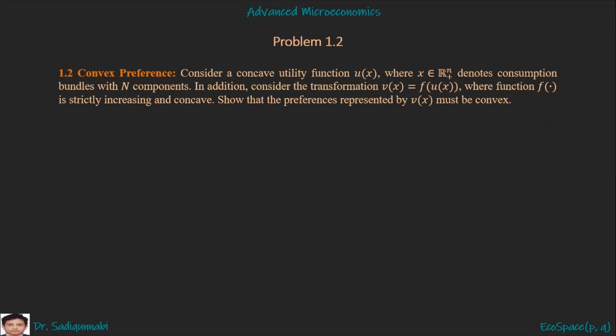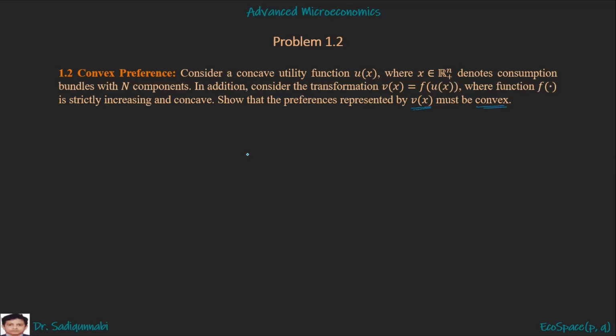In addition, consider the transformation of the utility function into another utility function, V(x) equals a function of the original utility function, which is strictly increasing and concave. We have to show that the preference represented by V(x), that means the transformed utility function, must be convex.